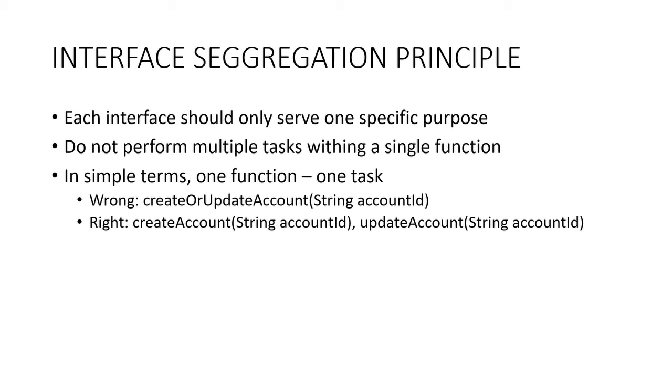Any service endpoint or any function should serve only one task. It should have a defined purpose for its existence. Do not do multiple things in one function. Then your code will be hard to maintain and very error prone. In simple terms, have one function for one task.